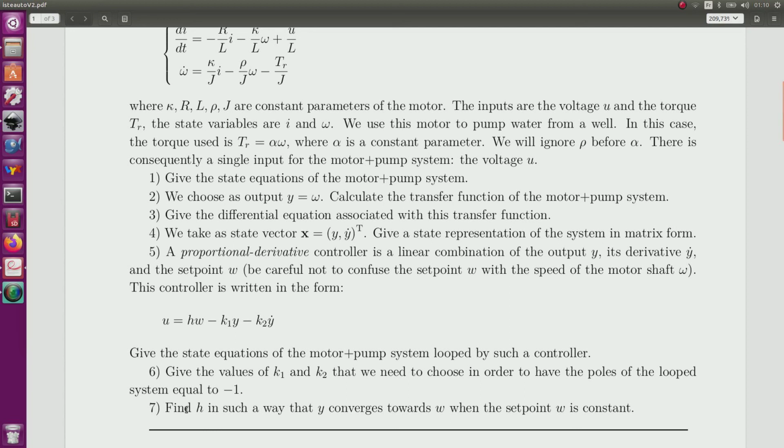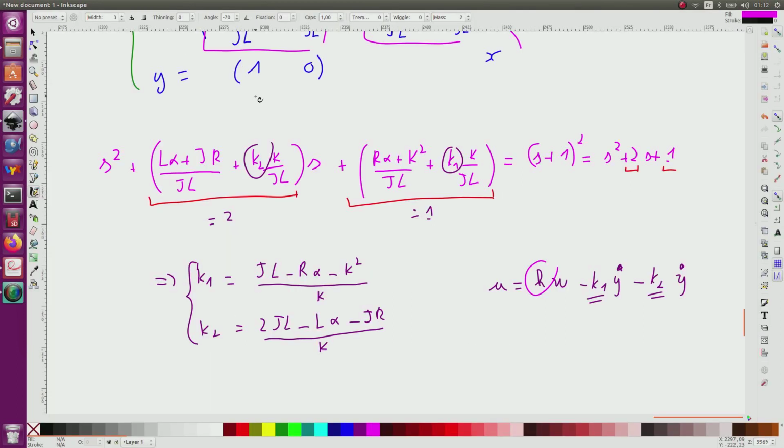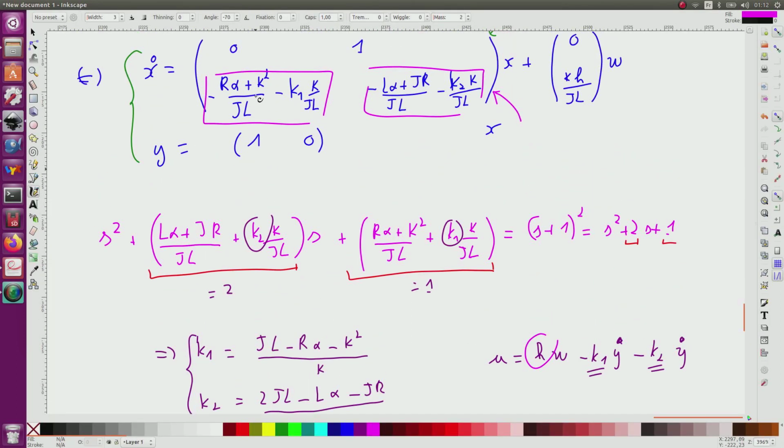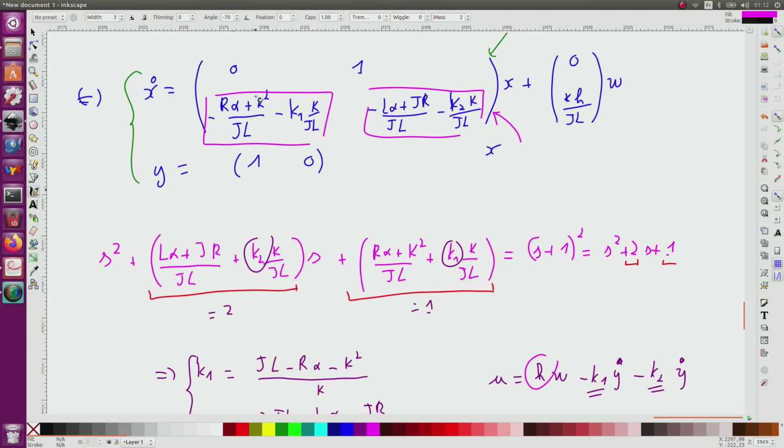Question number 7. Find the value for H so that Y will converge toward W when the set point W is constant. The state equation of my closed loop system is given here. I have chosen as characteristic polynomial P of s equal to s square plus 2s plus 1, which corresponds to (s plus 1) square.